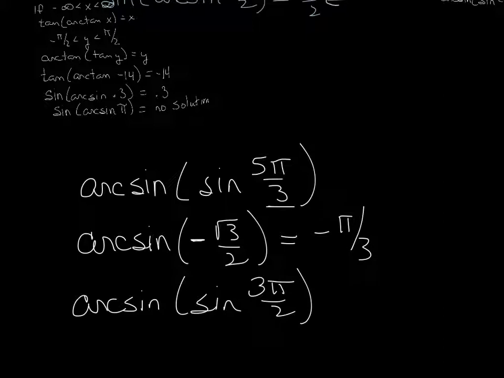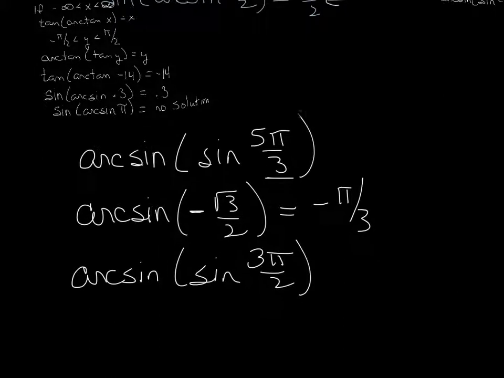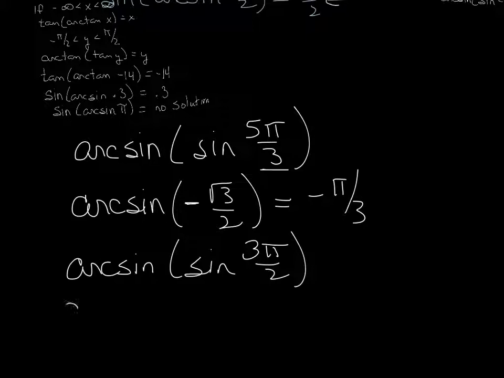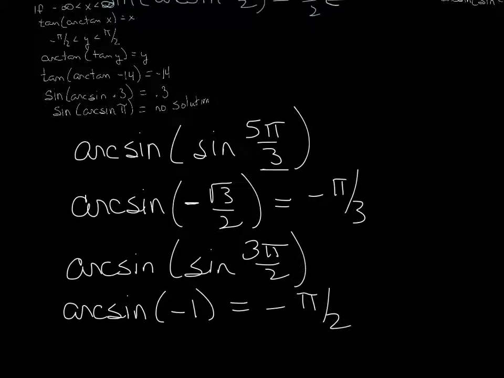There's 2 ways we can do this one. Okay, what is the sine of 3 pi over 2? The arc sine of negative 1, what angle has a sine of negative 1? Negative pi over 2.